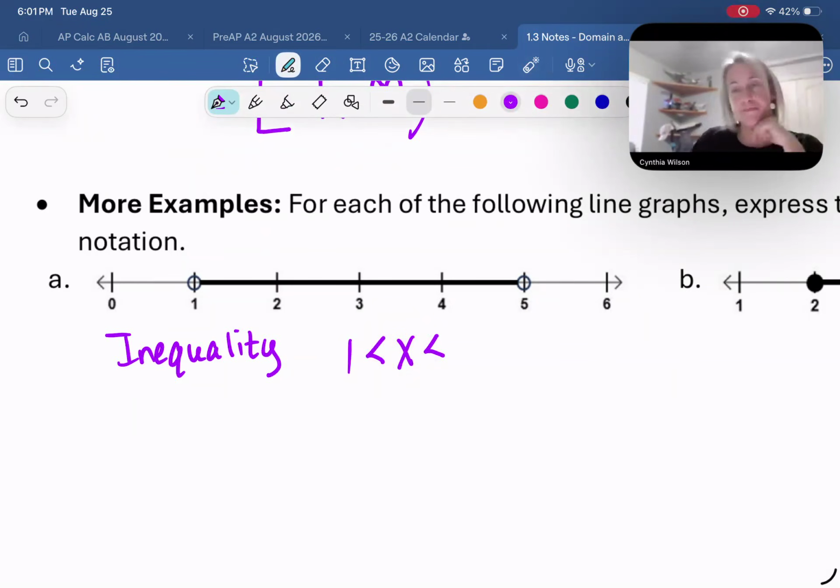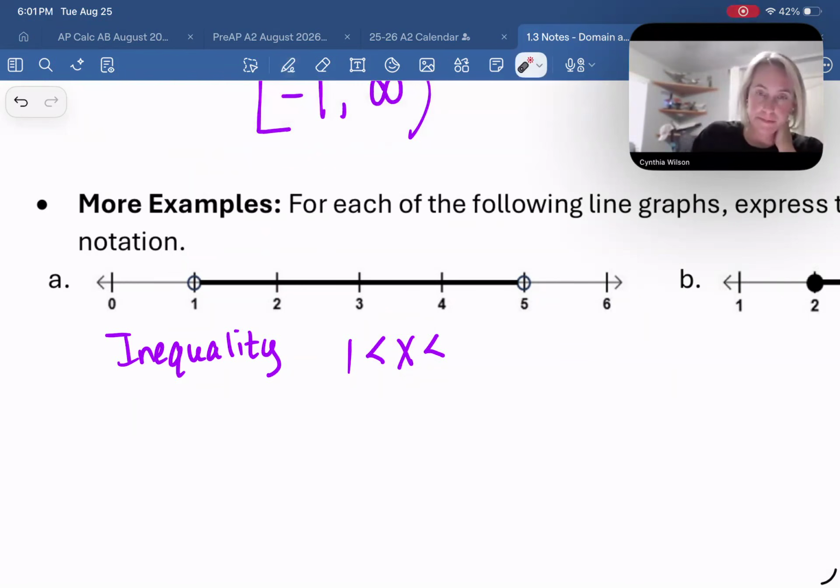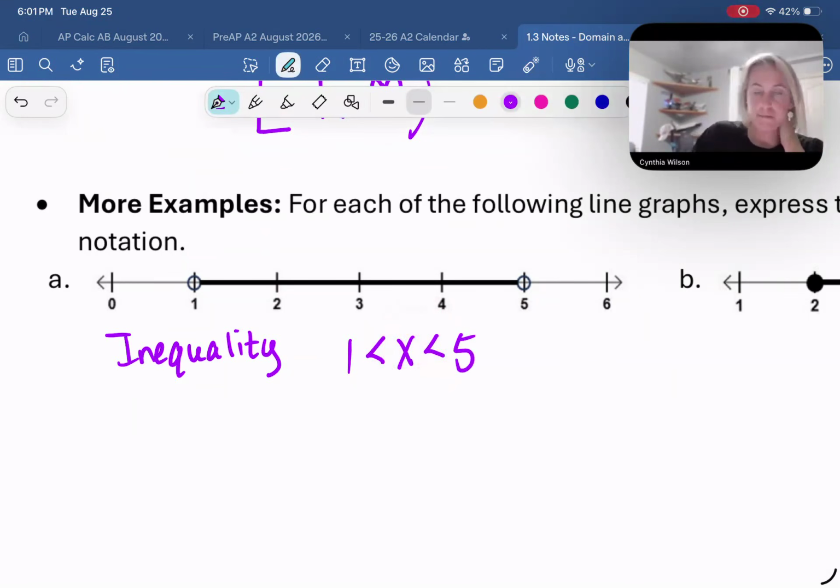That's 1, but it has to be less than 5. Beginning and end, are either one of those dots closed? So I don't need an equals to. So this is my inequality.